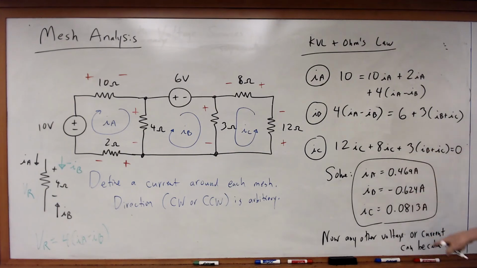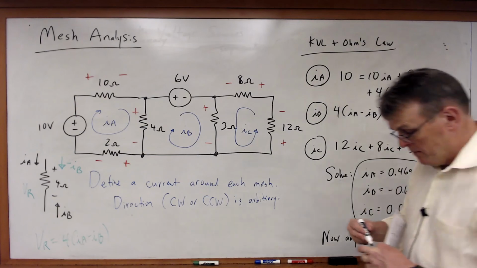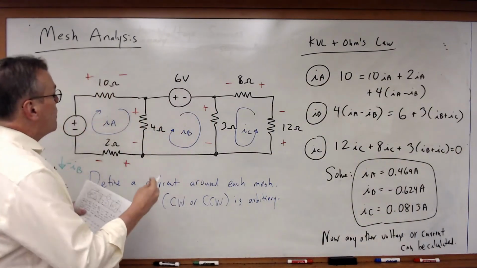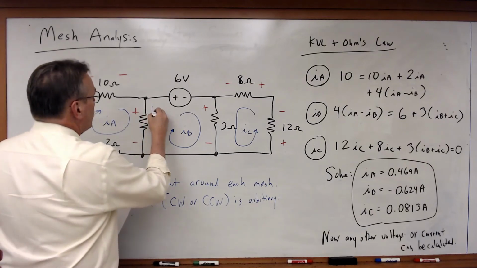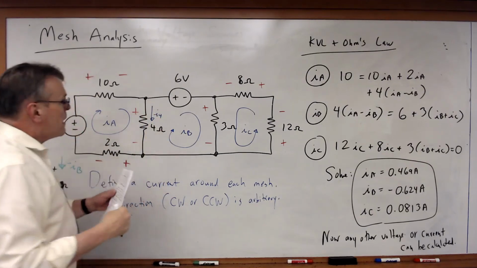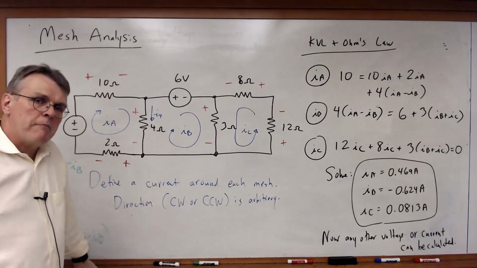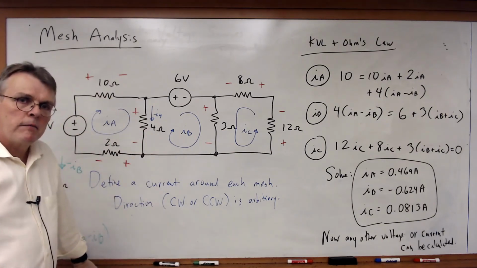So once mesh currents are known, any other voltage or current can be calculated. For example, what if you were asked what I4 is? What is I4? What is the actual current flowing through that resistor? If you actually measured that with an ammeter, what would that current be?